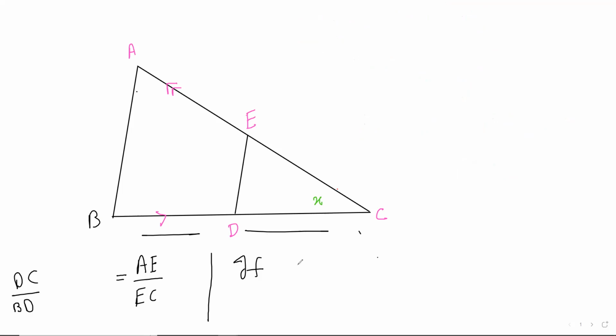You see, if BC by AC is equal to CA by CB, so I'll write this as AC by BC.